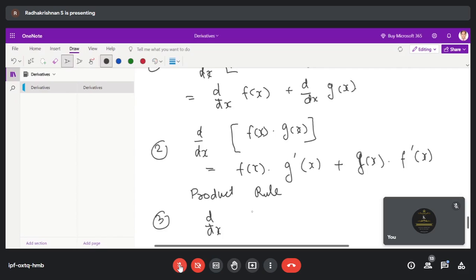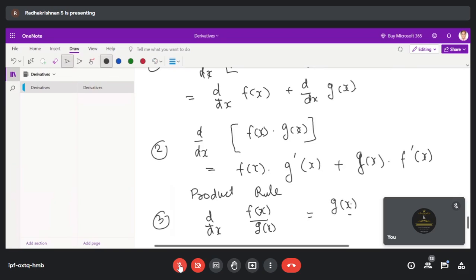The other is the quotient rule. How it goes is, you have to put g of x first.